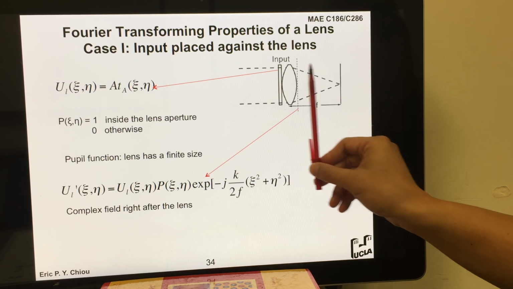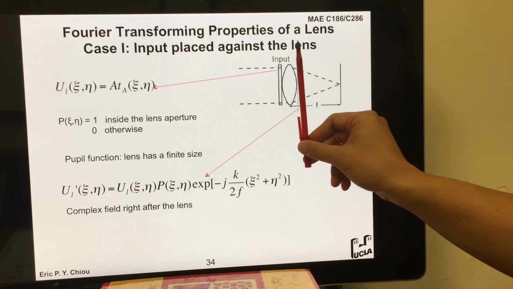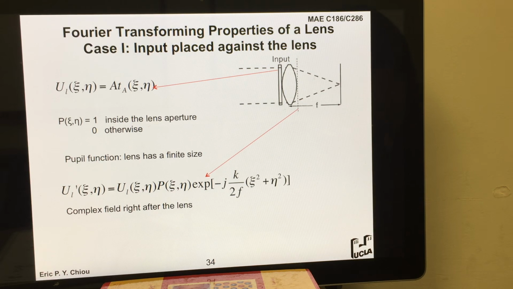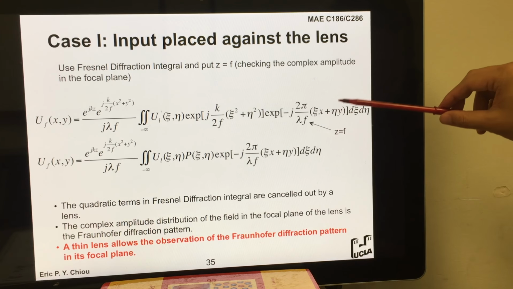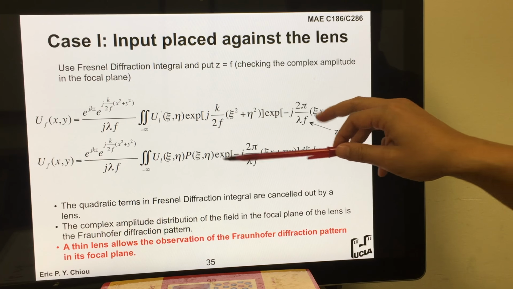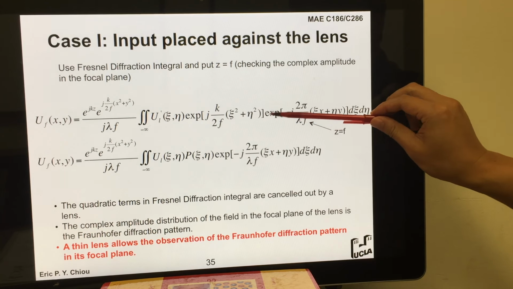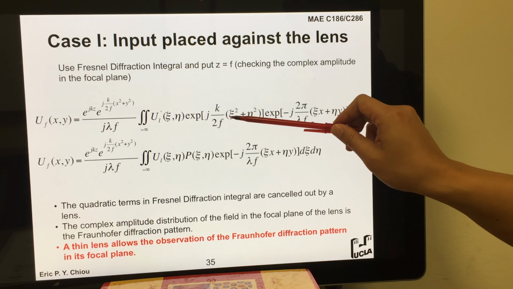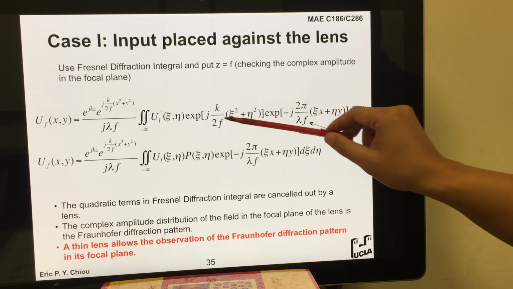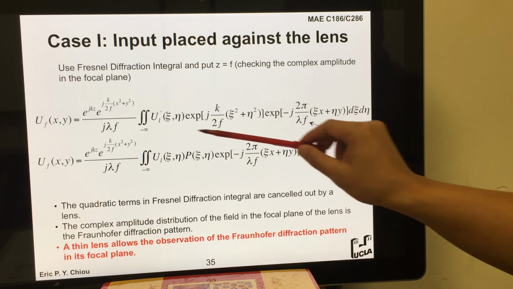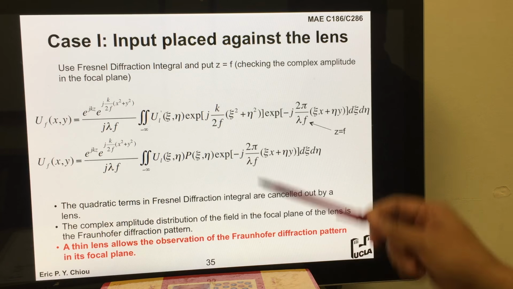So from here to here, you can use the Fresnel integral to calculate how the light image changes between these two planes. So let's see how it looks. So this is the Fresnel diffraction integral. You see, we still keep the quadratic phase term here. We haven't canceled it out yet. That's why it's still a Fresnel diffraction pattern. If this term is canceled out, it becomes a Fraunhofer diffraction pattern, right? So we want to see that.